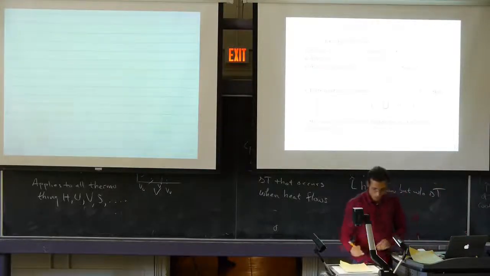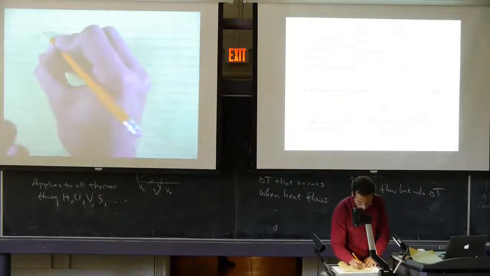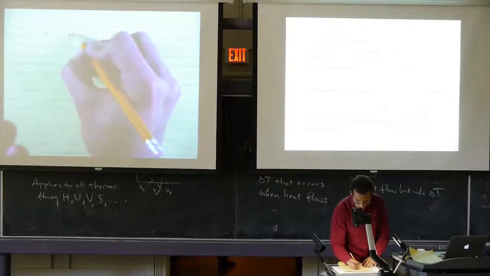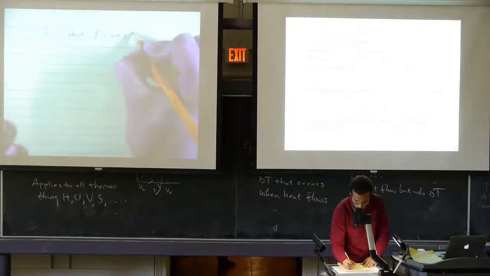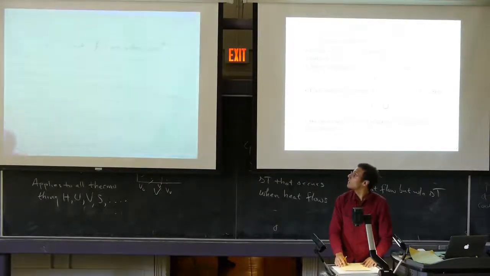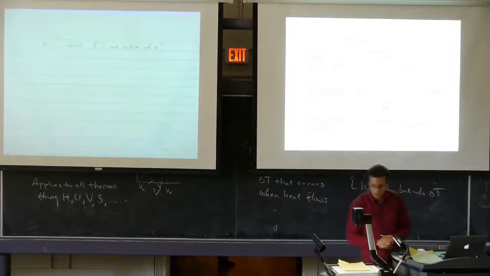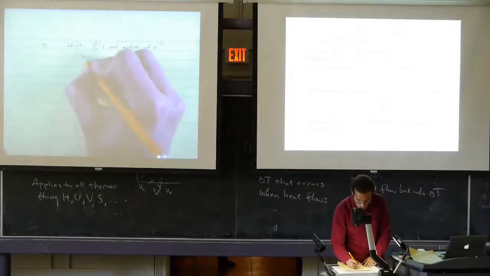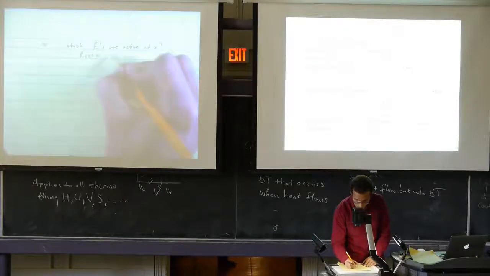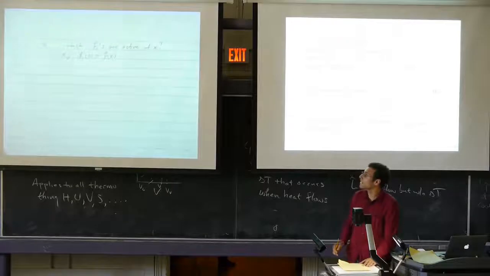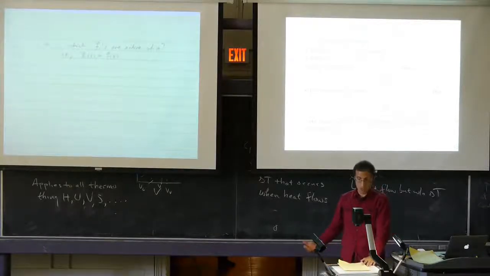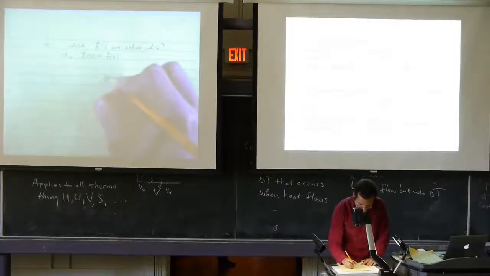All I do is look at the point x and ask which fi's are active at x. Those are the set of all i for which fi of x equals f of x. That's what it means to be active: that function achieves the maximum. Then I look at the subgradients of those functions.